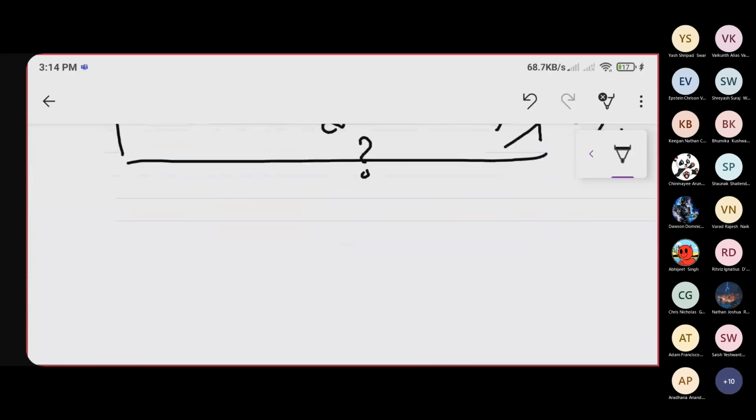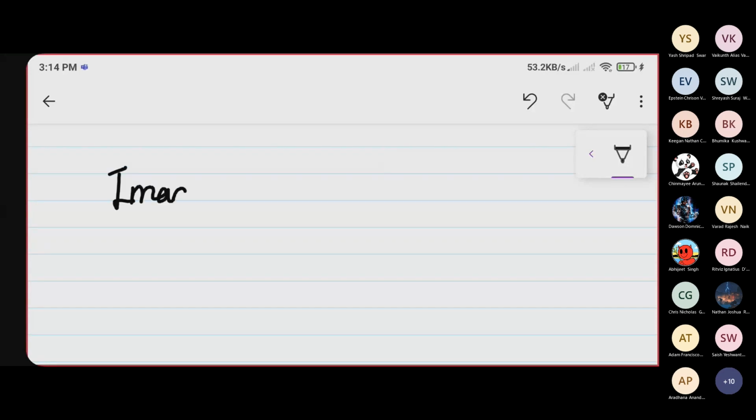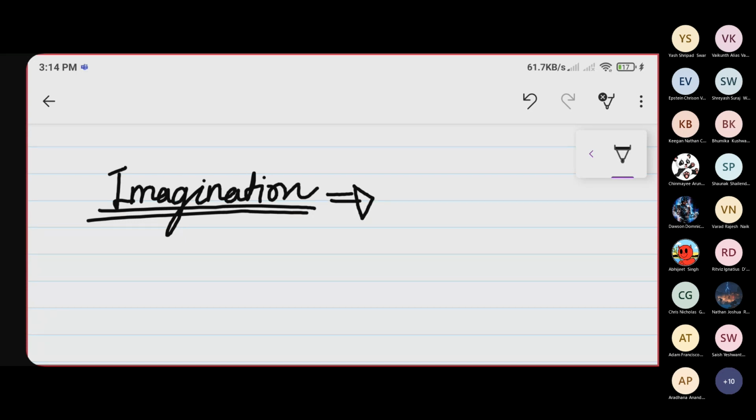Now, the second thing is about your imagination. As we know from the song, your imagination is your creation, right? So this engineering mechanics will build the imagination part and develop engineering aptitude in your brain.